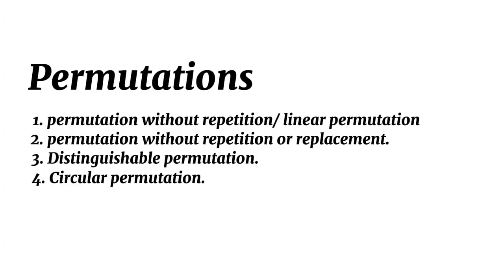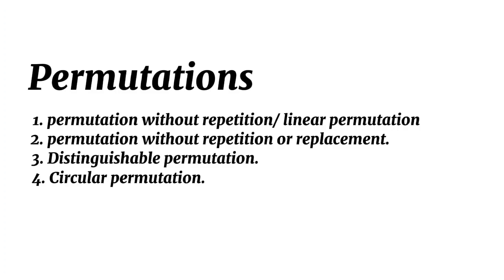So in permutation, there are types of permutation. Number 1, permutation without repetition or linear permutation. Number 2, permutation with repetition or replacement. Number 3, distinguishable permutation. Number 4, circular permutation. But we will focus on permutation without repetition or linear permutation and distinguishable permutation.